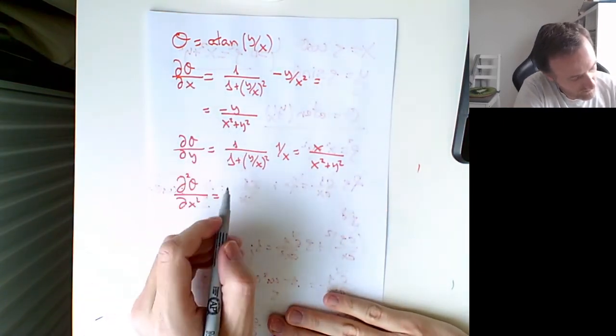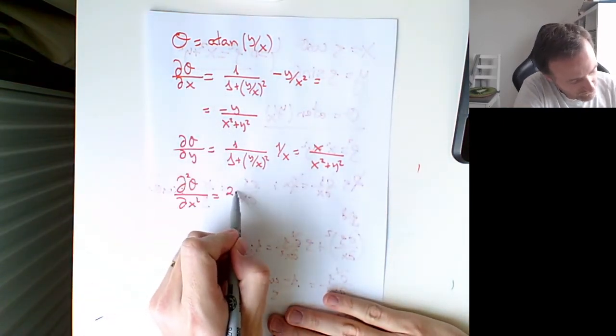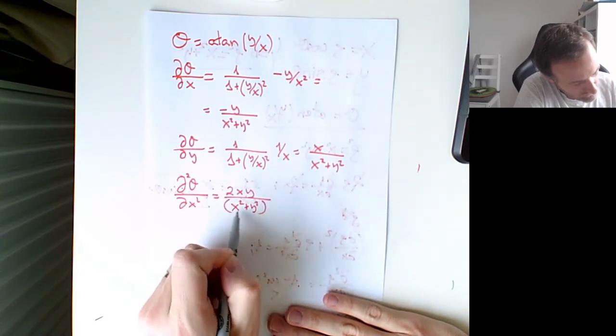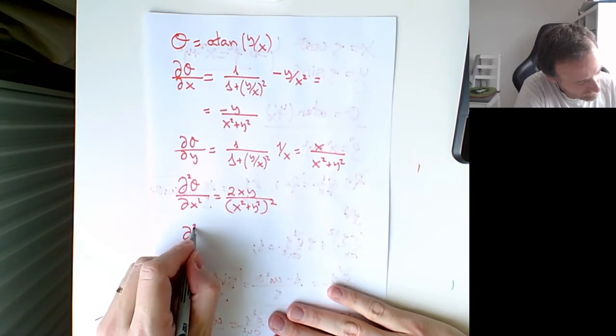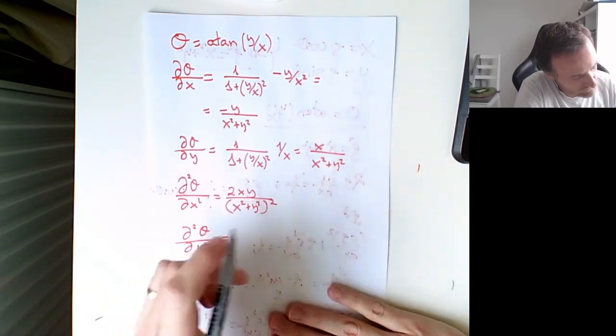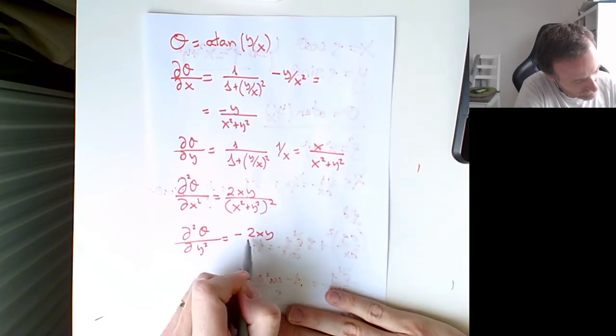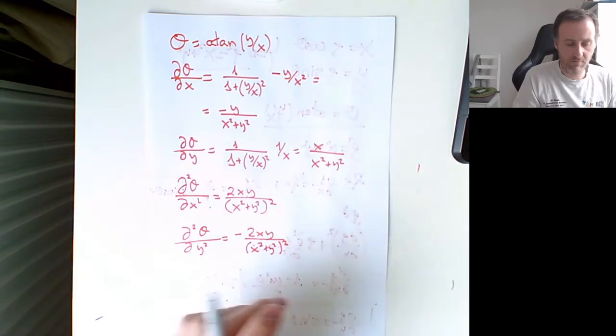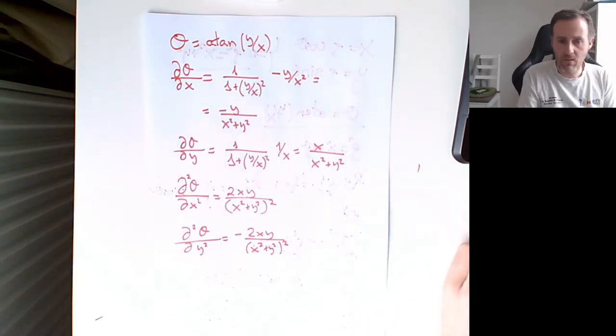So what we get is 2xy over x squared plus y squared squared. And similarly for y, minus 2xy over x squared plus y squared squared. Very good.